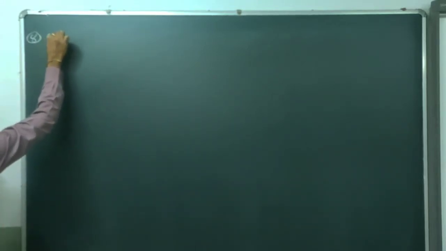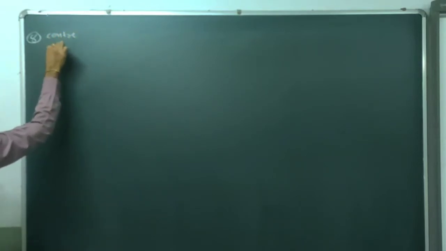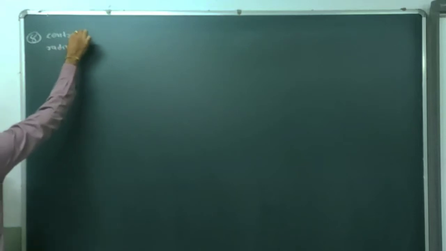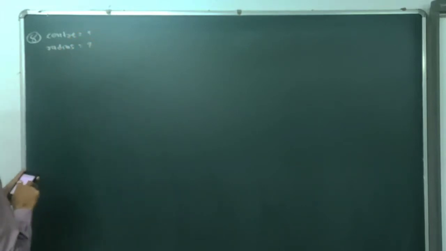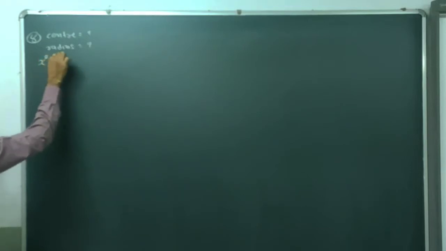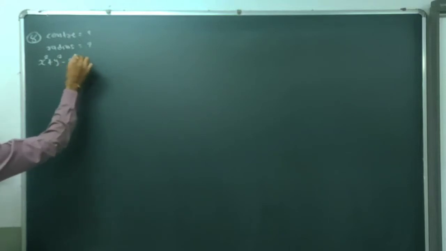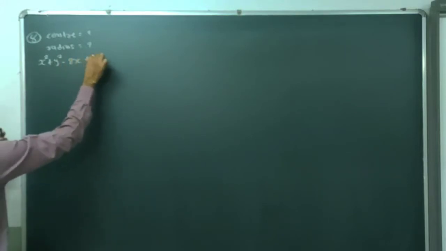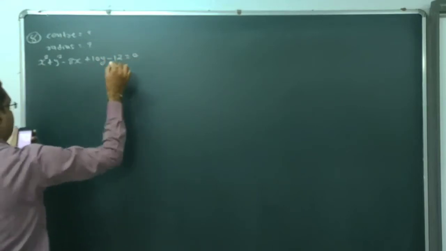Find the center and radius of the circle. The equation of the circle is given: x square plus y square minus 8x plus 10y minus 12 equal to 0.